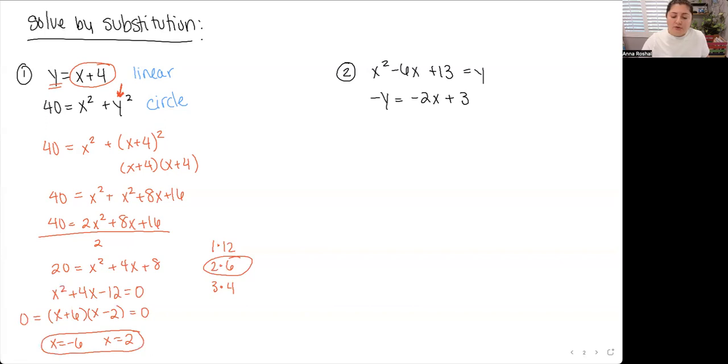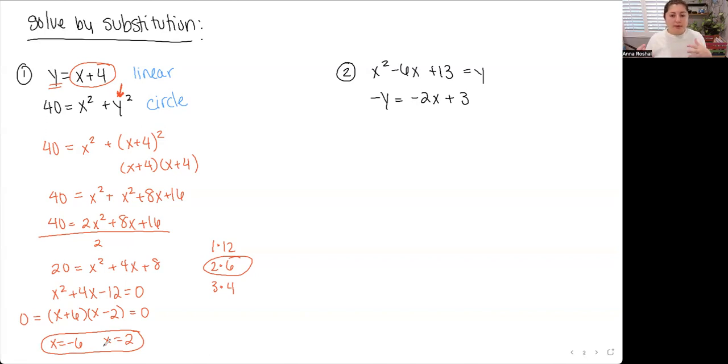For the most part, the mistake that most students make is they'll get these x's and they will leave it at that. However, when we're solving a system of equations, we're looking for points where these two equations meet.